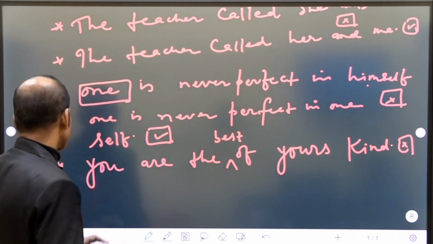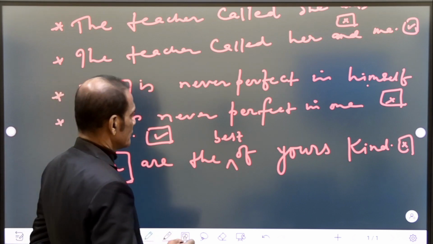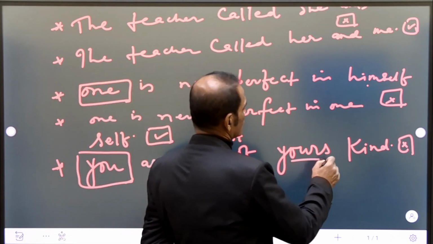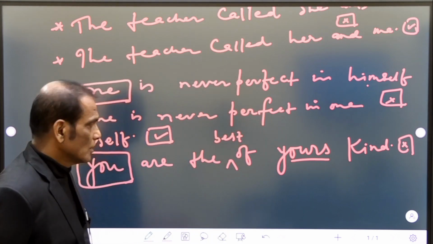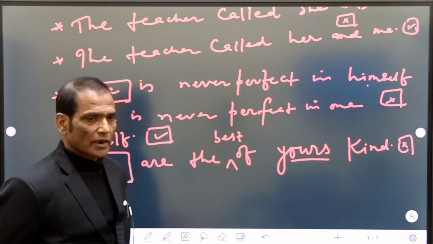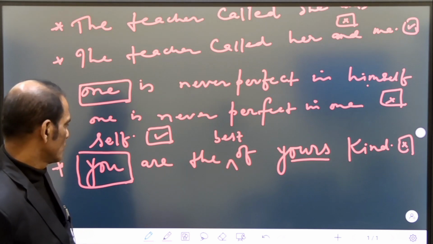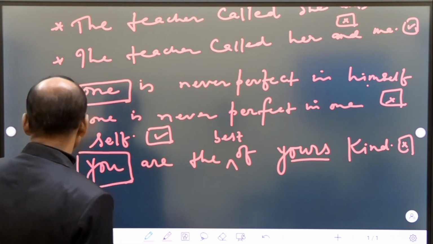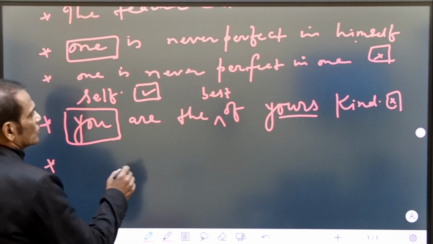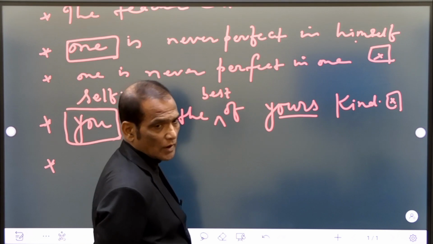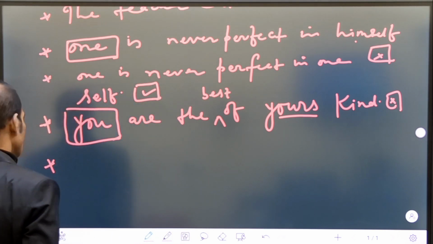You is nominative form here, and here I have used yours. Actually, yours is possessive adjective, not possessive pronoun. So here should be your, not yours. What is yours? Yours is possessive pronoun, not possessive adjective.